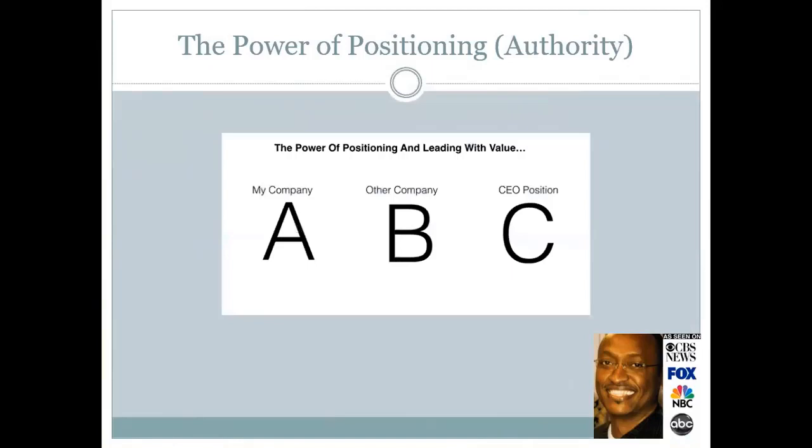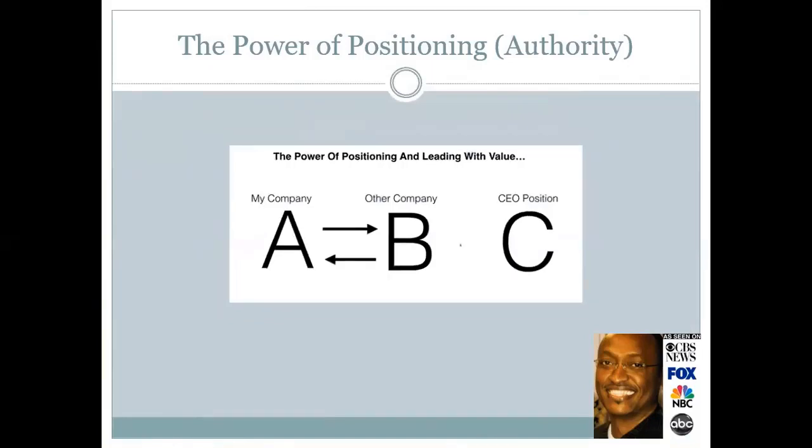As a result, you have this constant migration of folks from company A to company B and vice versa. But using the OLT online system, and if you have access to our educational platforms as well, you are able to put yourself into the C or CEO position, leading with value, inviting them to our training like this, even our free training during the week, Tuesday and Thursday.